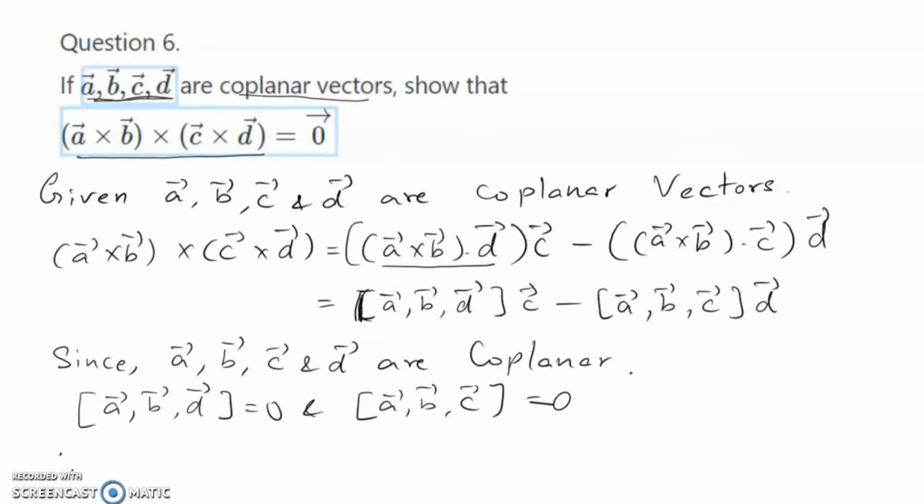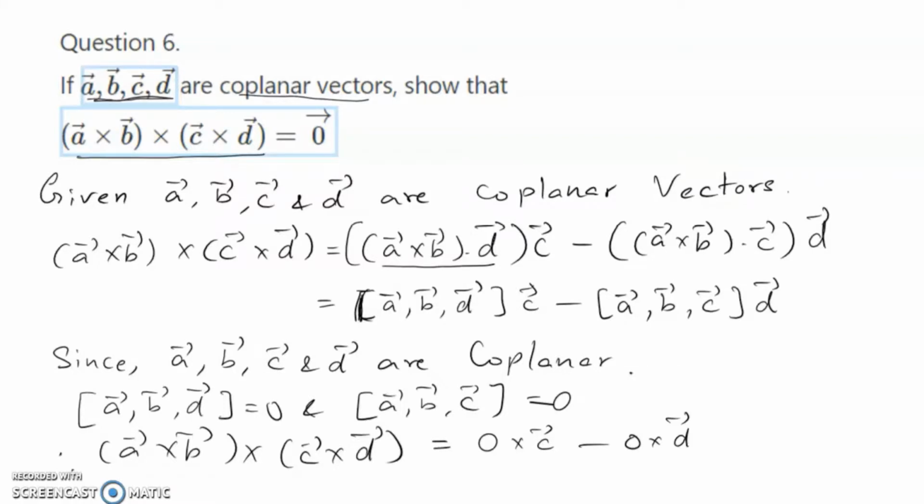Therefore, you will get our given requirement equal to 0 times vector C minus 0 times vector D. So that is equal to 0 vector. That proves our given condition.